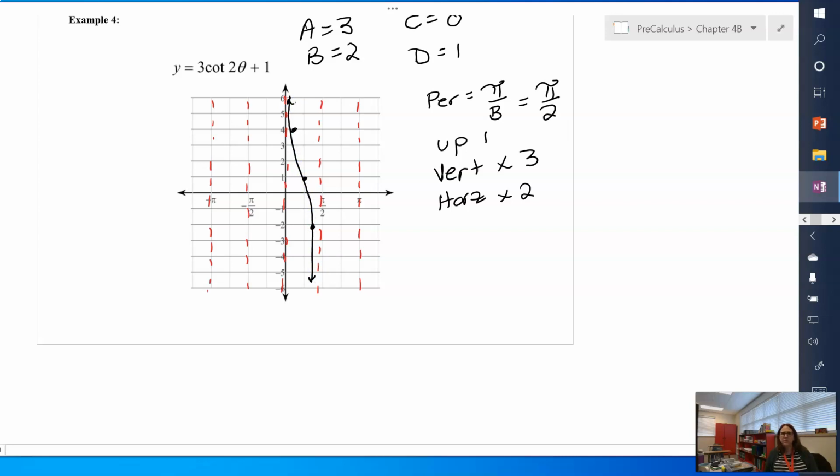So that's what it's going to look like. And it's going to repeat. So I'm going to have the same thing over here. And I'll have the same thing over here.